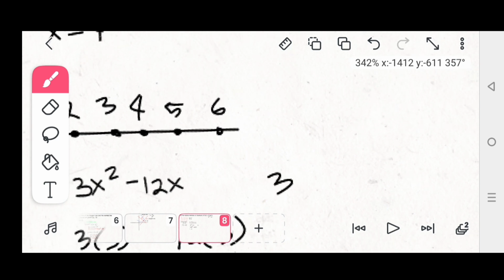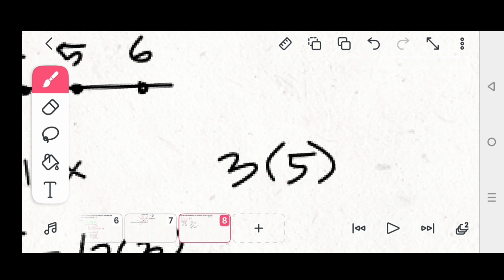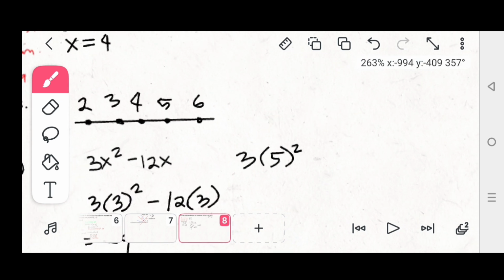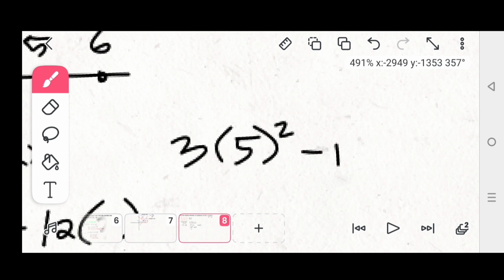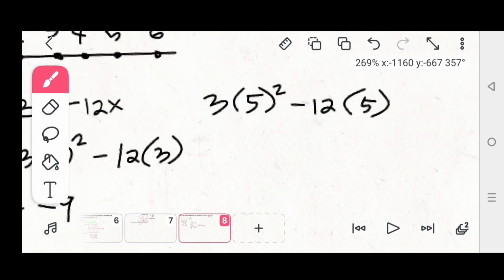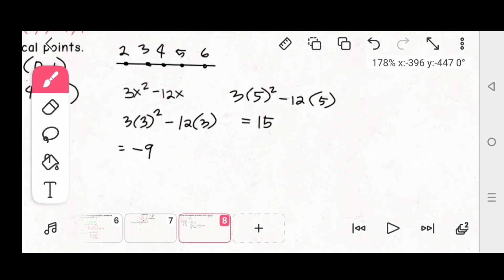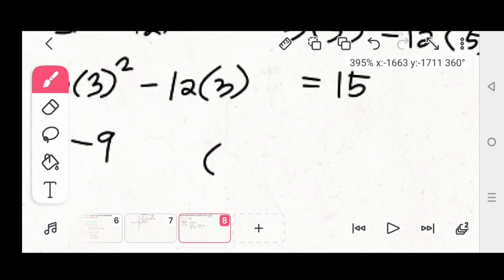So let's do the second one. Now let's choose any value that is more than 4. So let's choose 5. Just substitute it, and this is equal to 15.